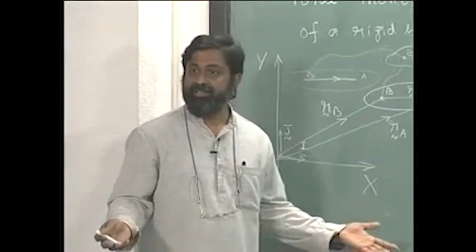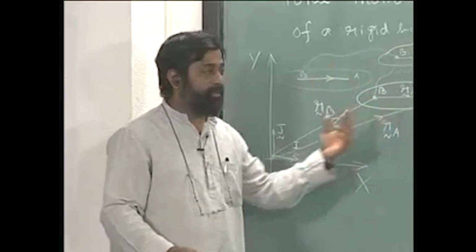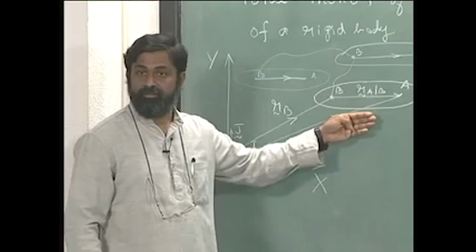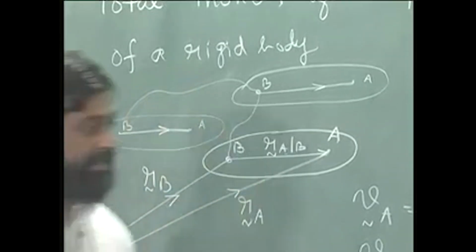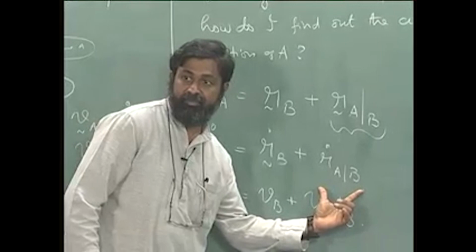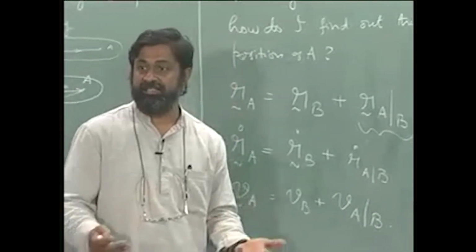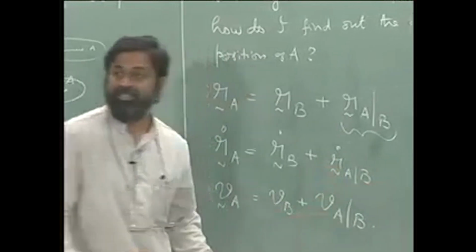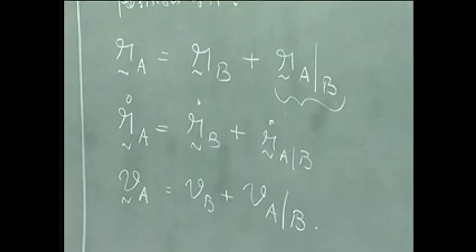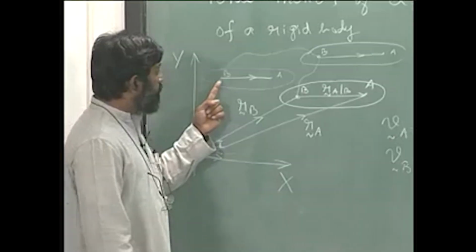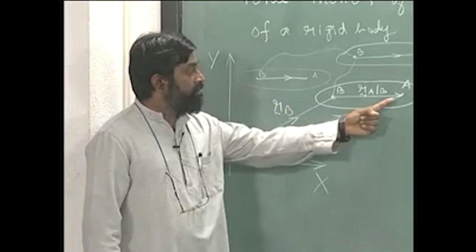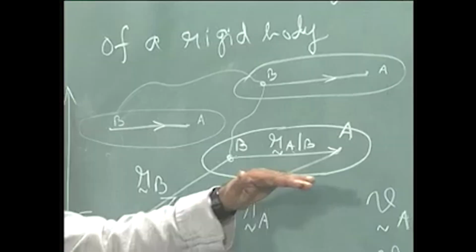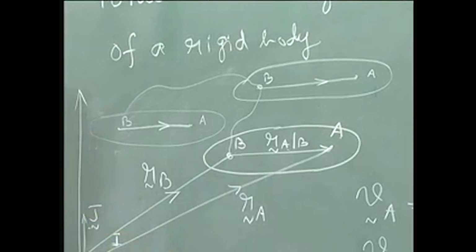The answer is yes, because it is a rigid body that we are looking at, or in other words, if it is going through a pure translation, the derivative, which shows that there is a change that has occurred in this particular vector, has to be equal to 0, or in other words, the velocity of B and velocity of A will be exactly the same if it is a translatory motion. Is this clear?